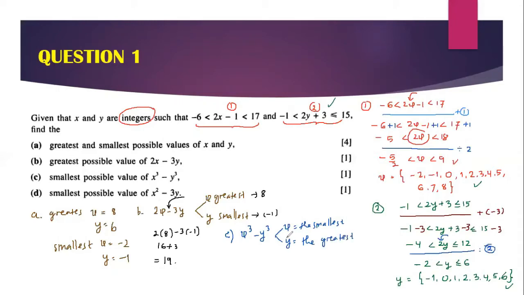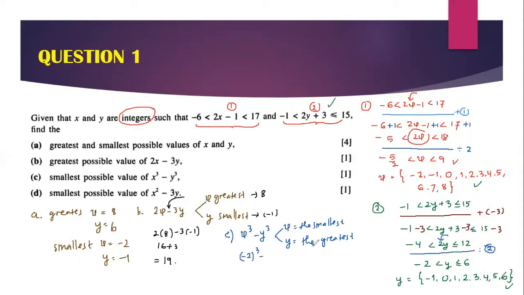Why the greatest? Because positive to the power of 3 will be positive, but negative to the power of 3 will be negative. So the smallest of x is minus 2, so minus 2 to the power of 3.